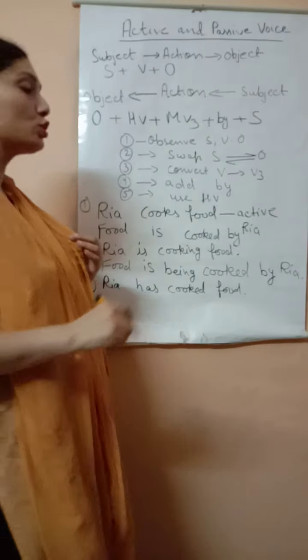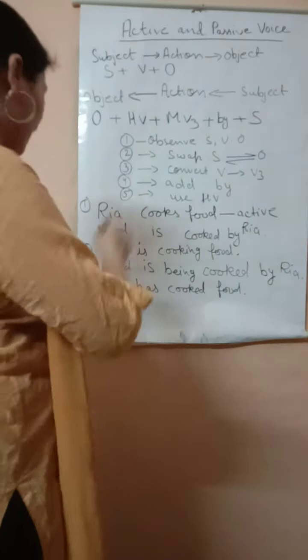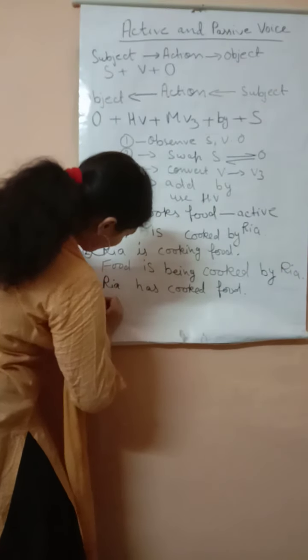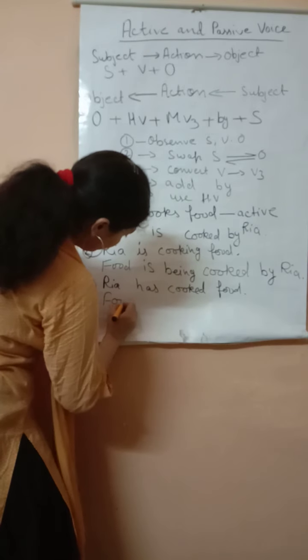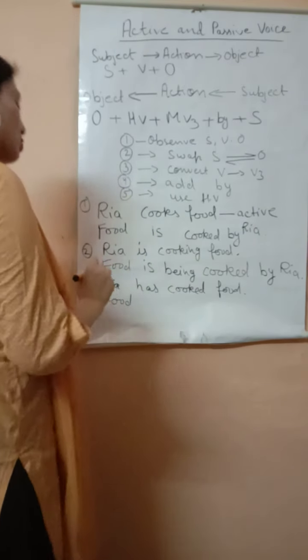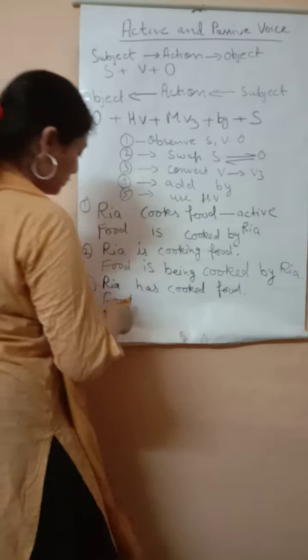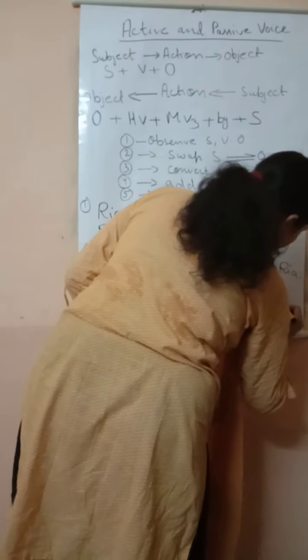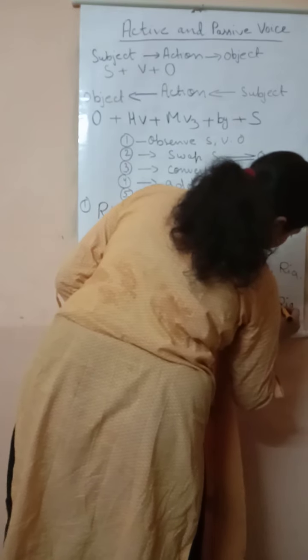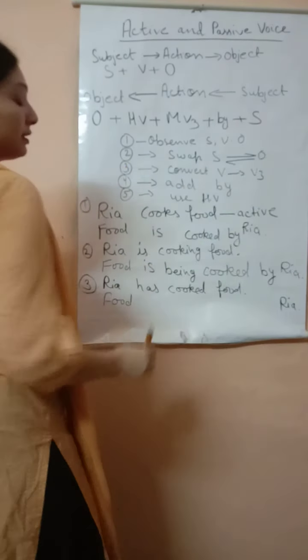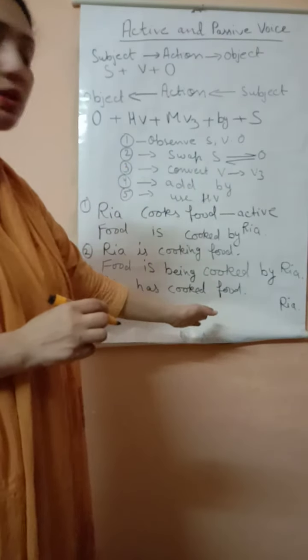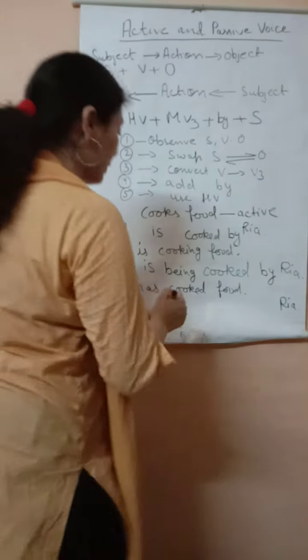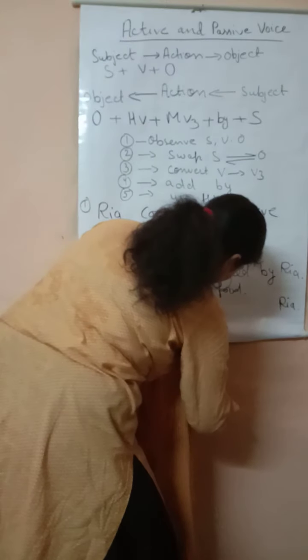So what we have to do, firstly we are going to swap subject from object, object from subject. Food I am going to write here, and Ria in last. Alright. Cooked. Already we are using the third form of the verb, so I am going to write it as it is here. Cooked.